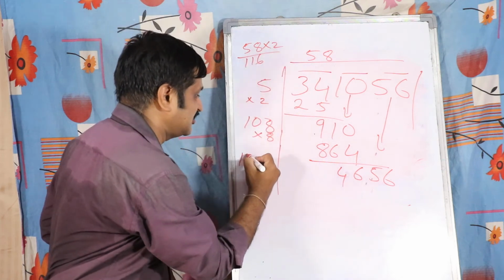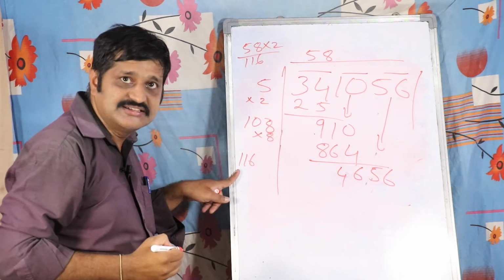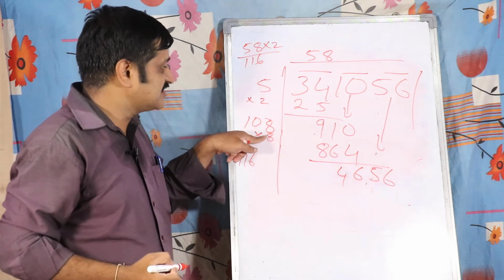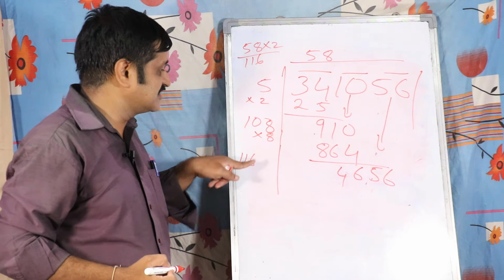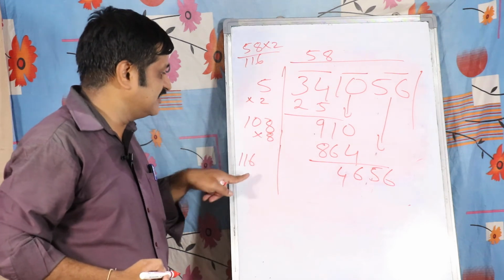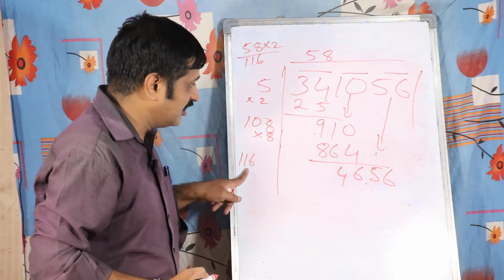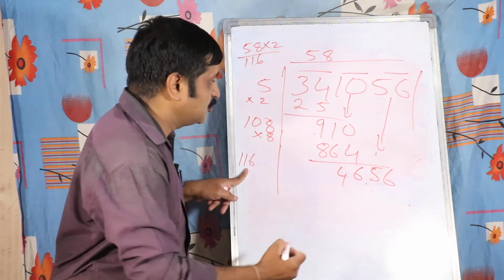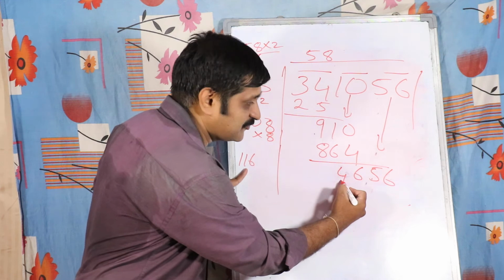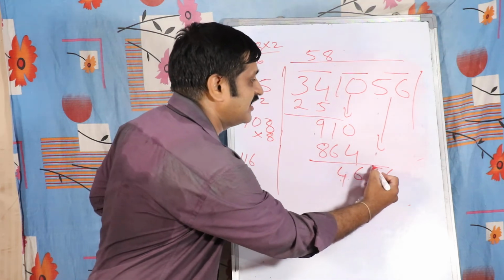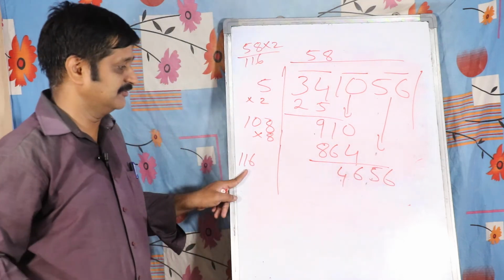The 116 you can also get by adding 8 plus 8, which is 16, so 100 plus 16 is 116. You can do it like this also. Clear? Then with the 116, is it possible to divide the first digit 4? No. The 46? No. So you have to divide 465.